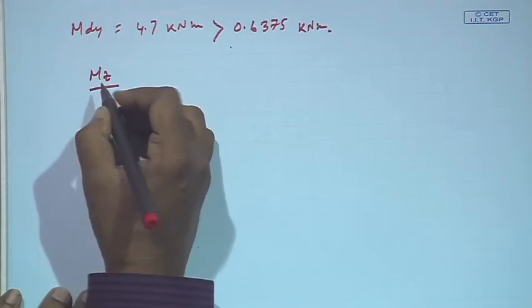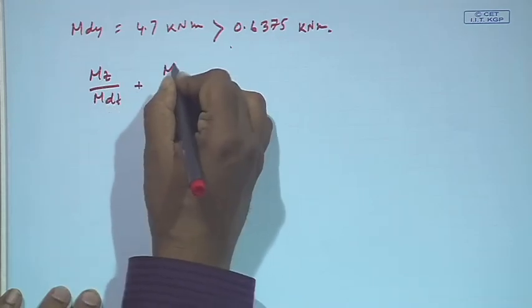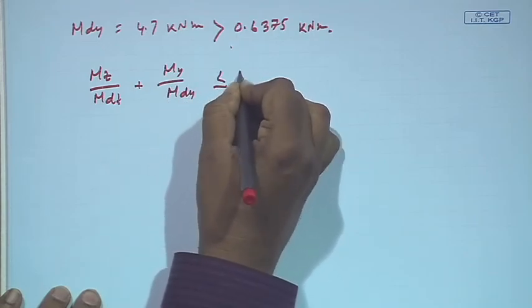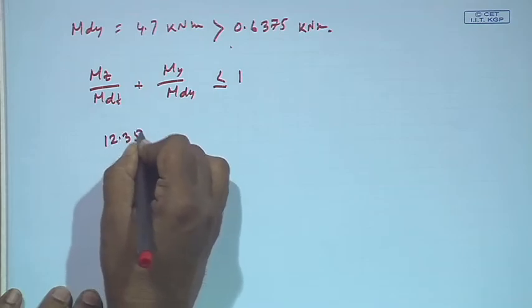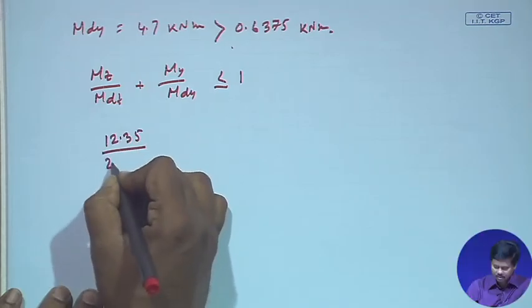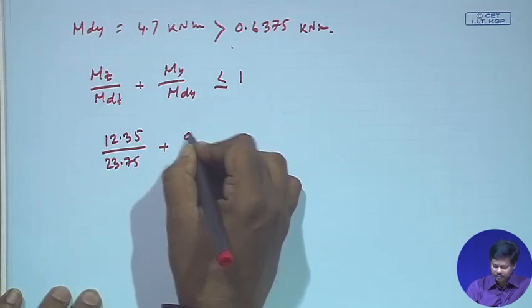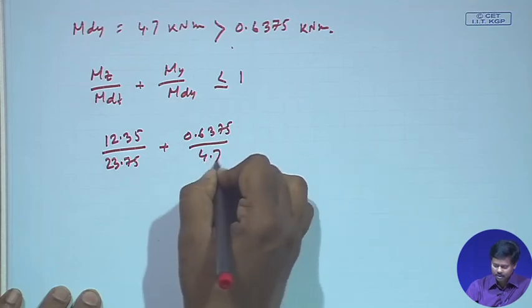Now, we have to check for overall member strength, means local capacity from the interaction formula, that is Mz by Mdz plus My by Mdy, it has to be less than or equal to 1. So, Mz was 12.35, Mdz was 23.75 plus My was 0.6375 by 4.7.